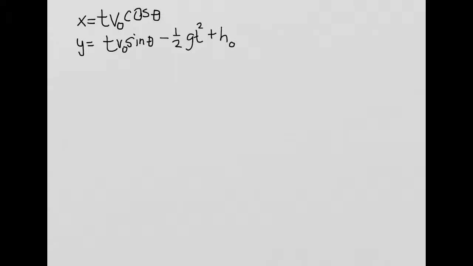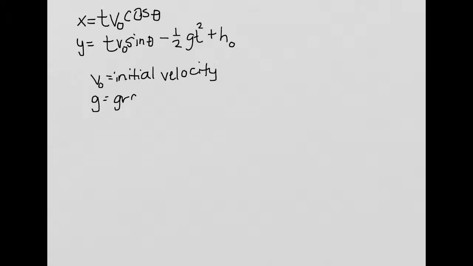Now there's a lot of terms here that we've got to make sure that we can identify. So v sub 0 is initial velocity, right? It's the speed and direction of the object when it's first launched. Okay, g is the gravitational constant.